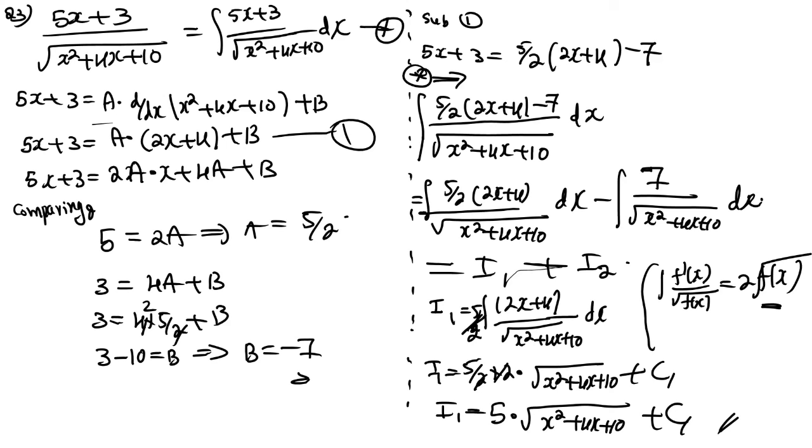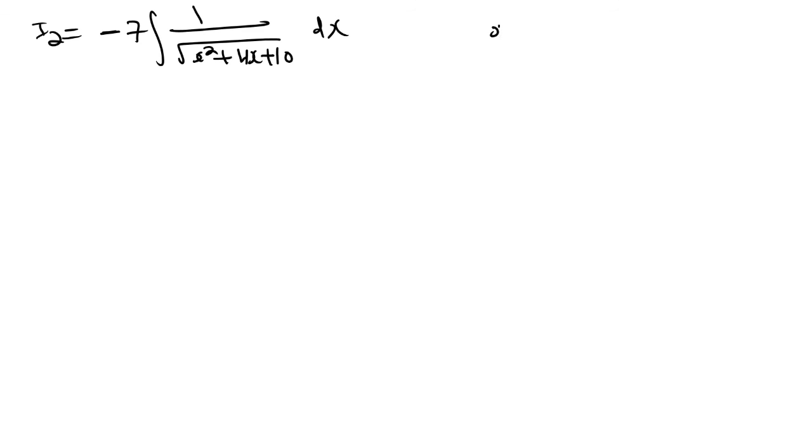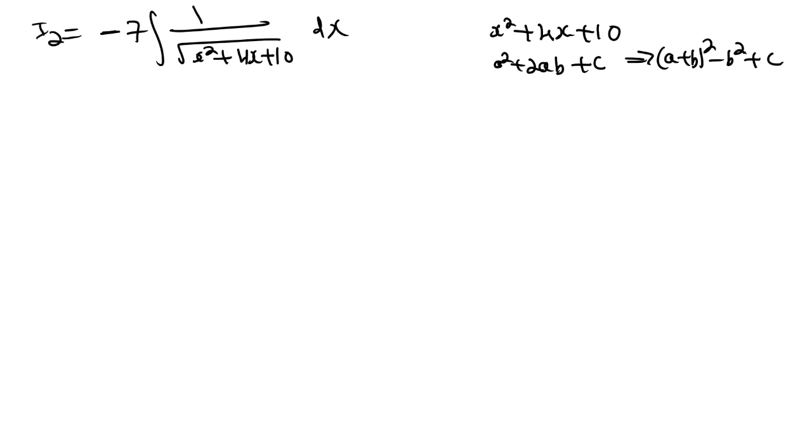Now similarly calculate I2 value. I2 is equal to minus 7 into integration of 1 by square root of x square plus 4x plus 10. Similar method you need to follow. First consider the expression x square plus 4x plus 10. Rewrite this as a square plus 2ab plus c, then convert it into (a plus b) whole square minus b square plus c form.